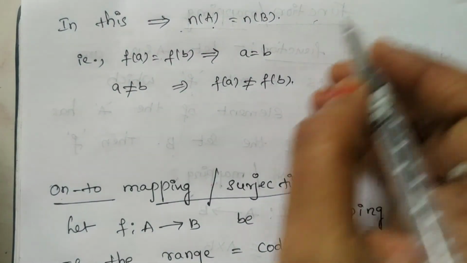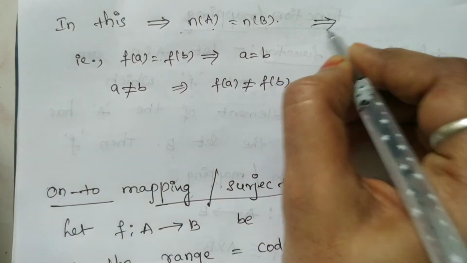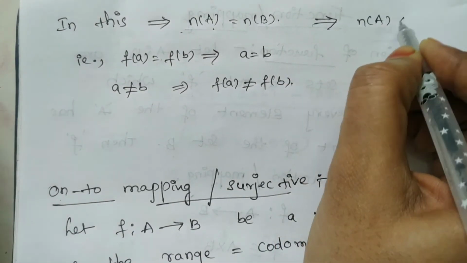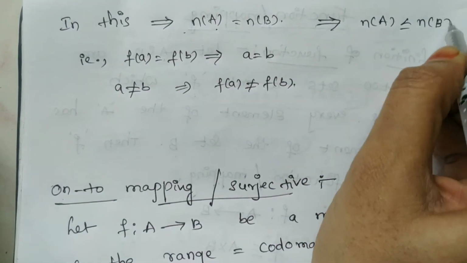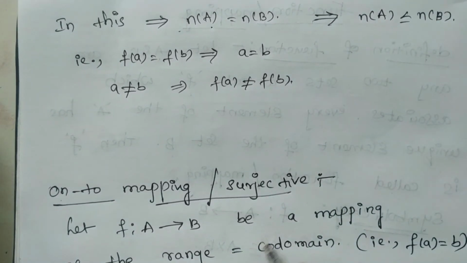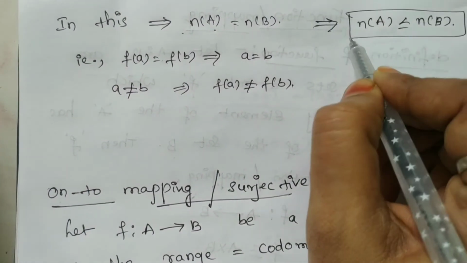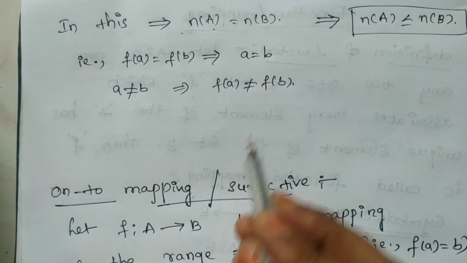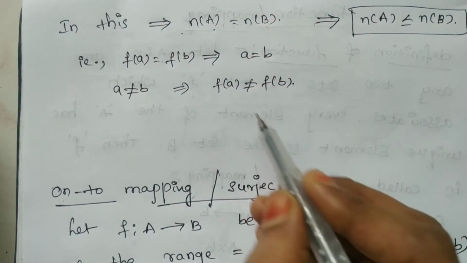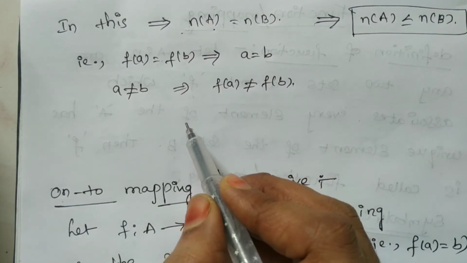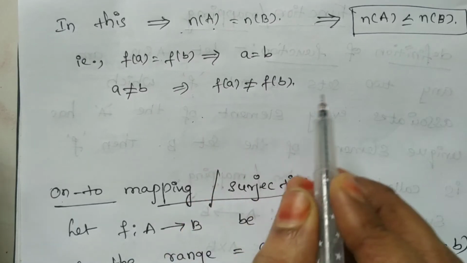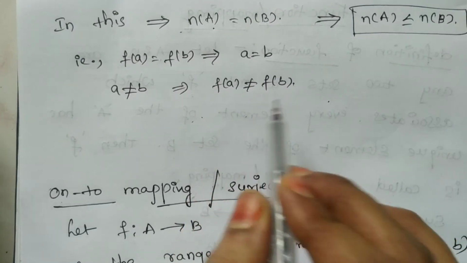The condition of one-to-one is that the number of elements of A is less than or equal to the number of elements of B, and the definition is that different elements in A have different images in B.